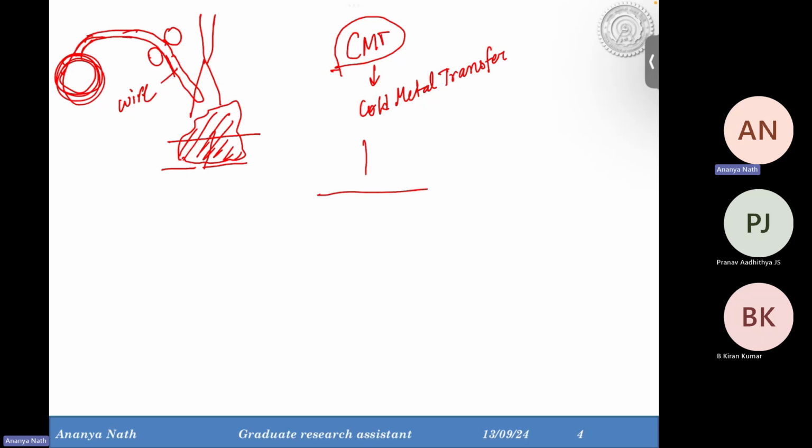So here the fundamental idea is short circuiting. The wire will touch the build plate, and when the short circuit is established, a very high current passes through it. Then it suddenly retracts.